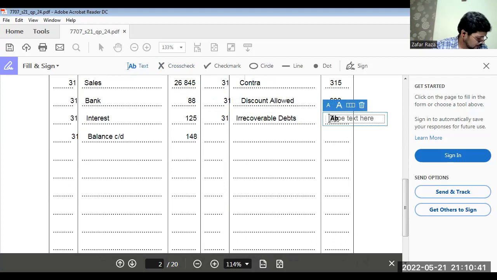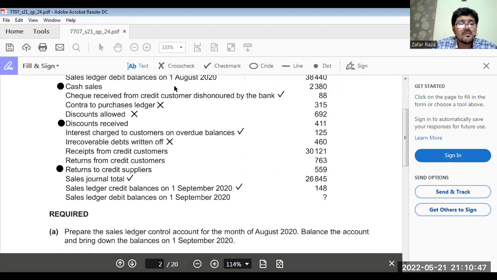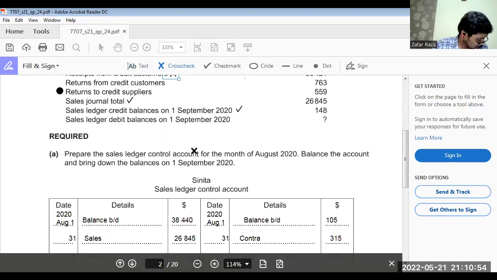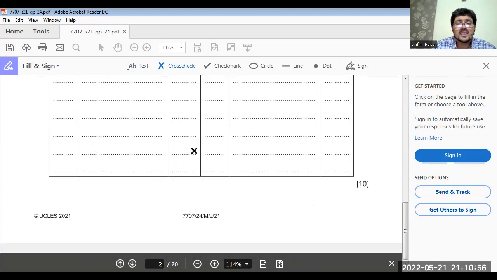Amount was 260. Okay. Now, receipts from credit customers 30,121. Okay.